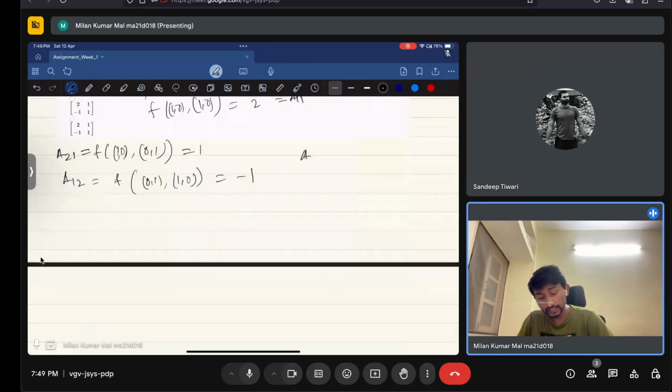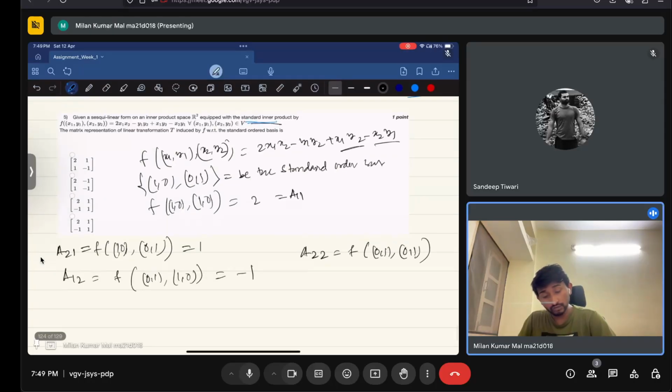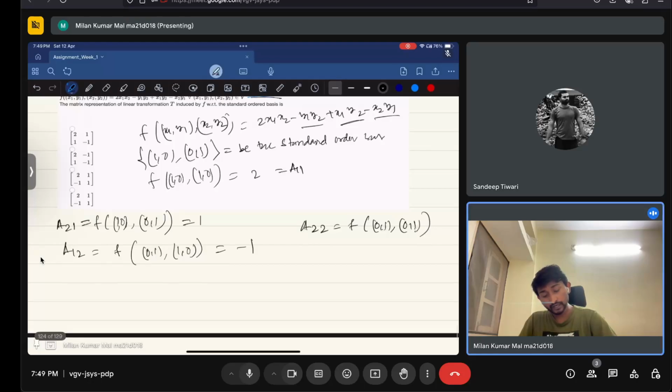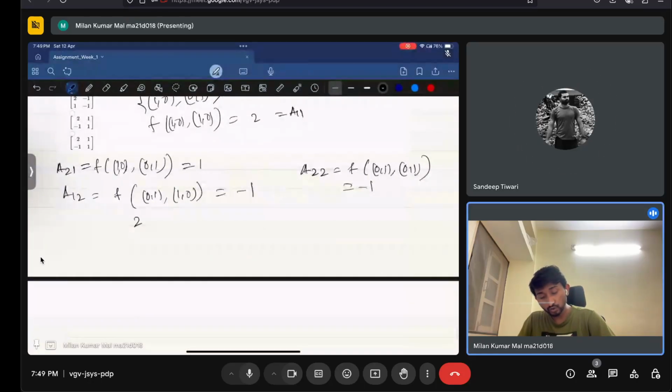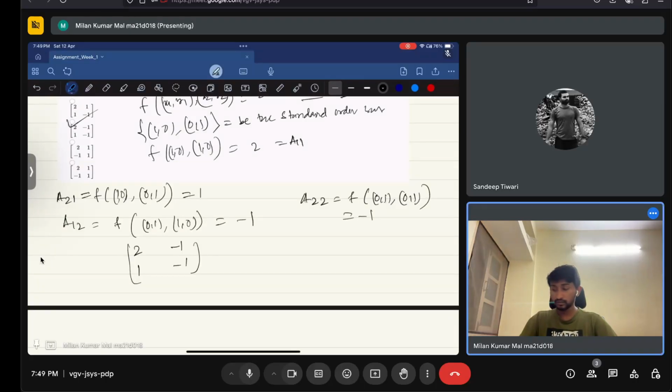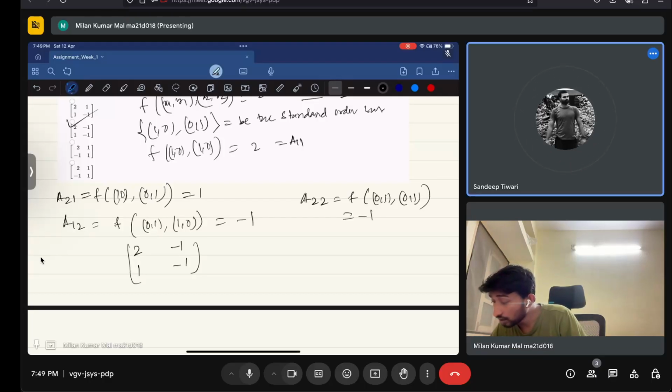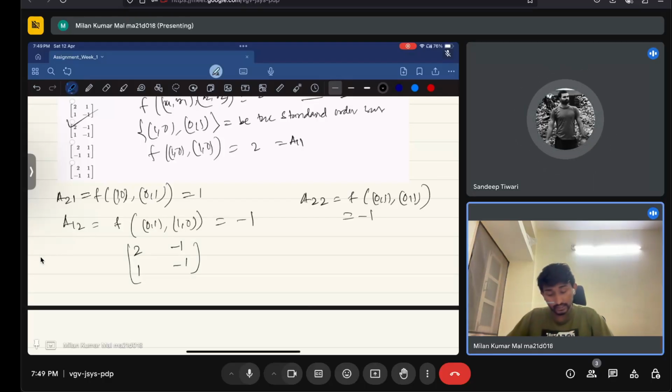And a22 is F of (0,1) comma (0,1). Due to y1y2 this is minus 1, all other terms 0. So the matrix will be 2, minus 1, 1, minus 1. This is the second one, I have written it correctly.